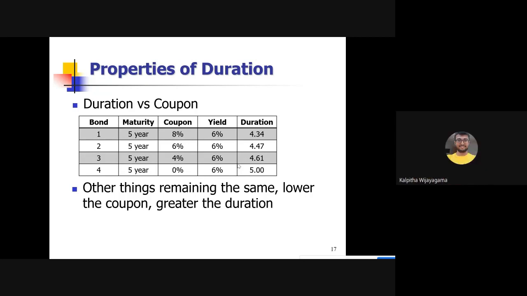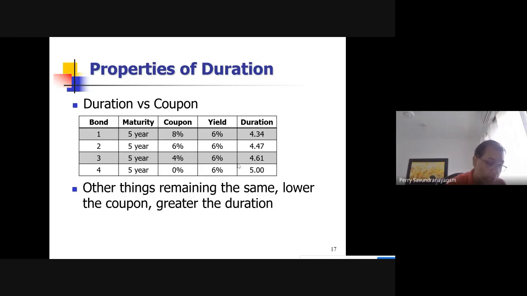So if you're holding it until maturity, would you have an impact? I would have a concern if I have bought, say, for example, this first bond. Number one, if I bought at 6%, now I know the duration is 4.34, and now suddenly interest rates go down.